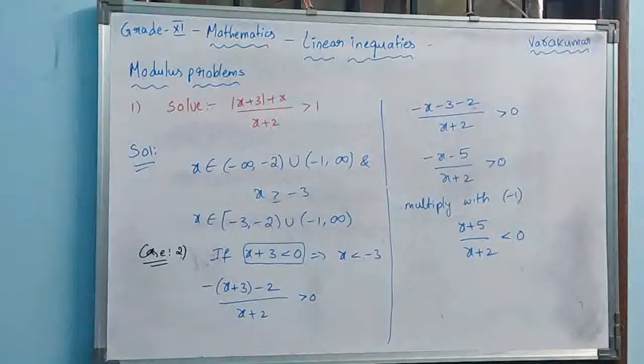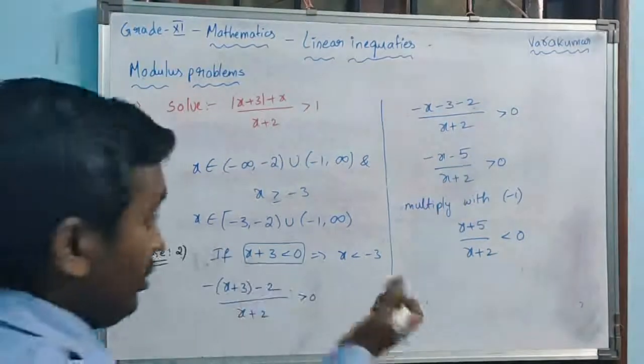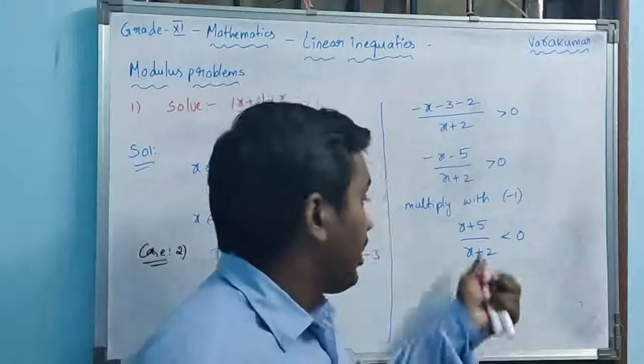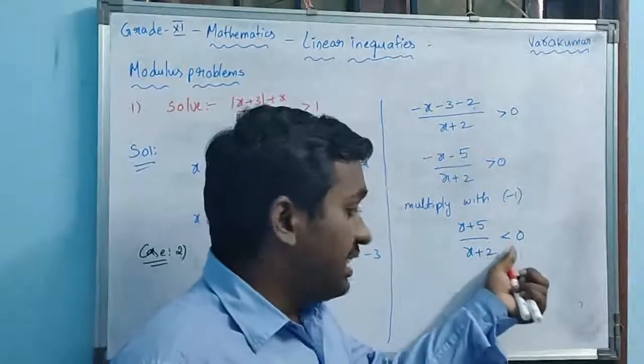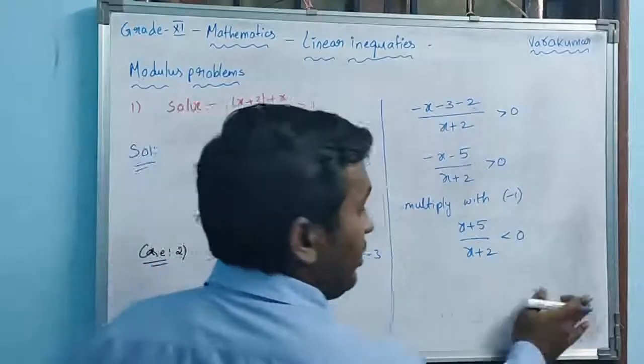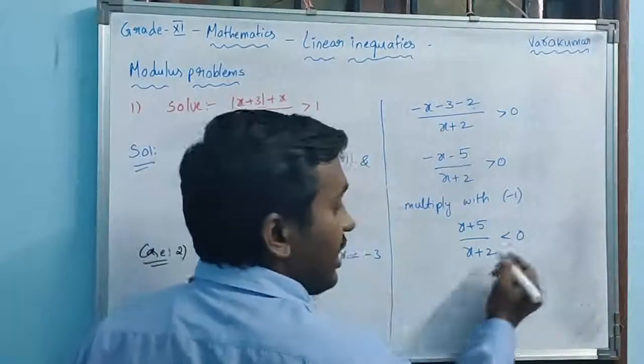As I said, if it is greater than 0 the value of x does not lie between the critical points, but here it is less than 0, so the value of x lies between the critical points.